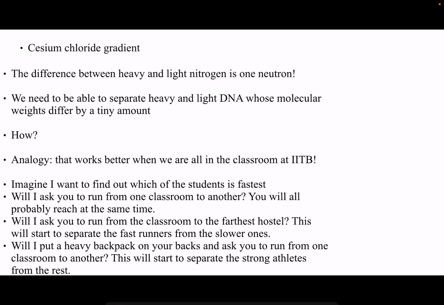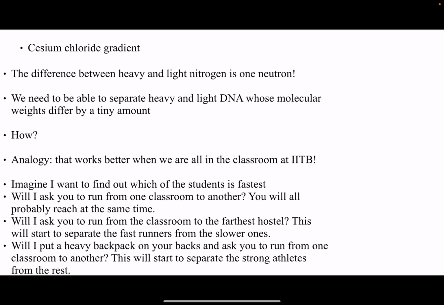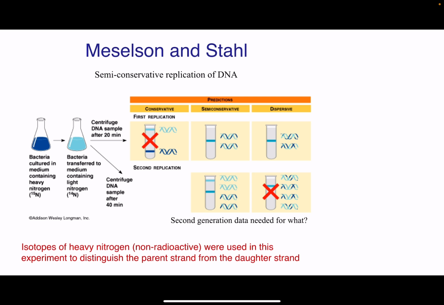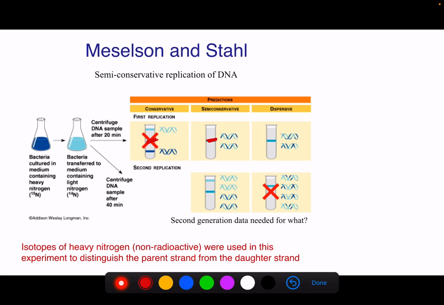So the cesium chloride gradient was used because it could distinguish between heavy and light nitrogen. Here the case is only one nitrogen case, so it's important. So conservative is ruled out because on the first replication you get only one band, which is the possibility of semi-conservative or dispersive. Now on the second replication you will get two bands.